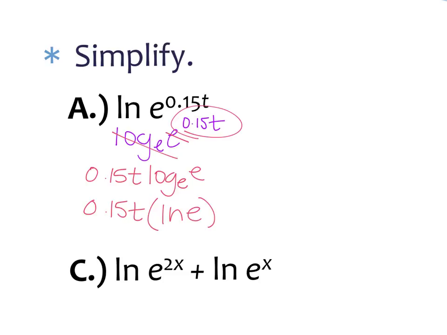So I want you to type ln of e in your calculator and see what happens. What do you get? Just 1. ln of e should give you 1.